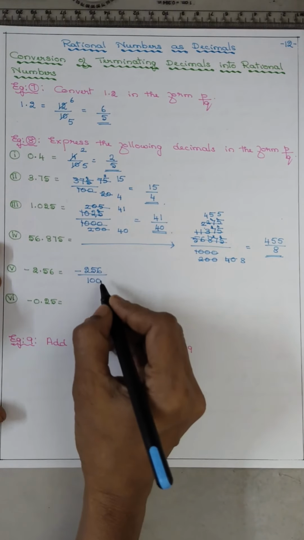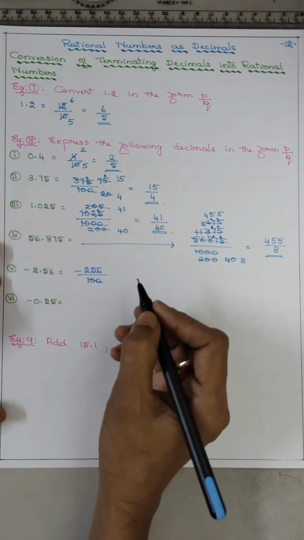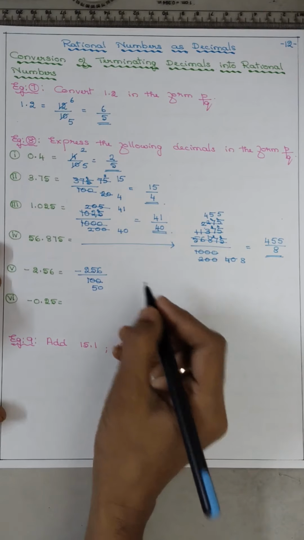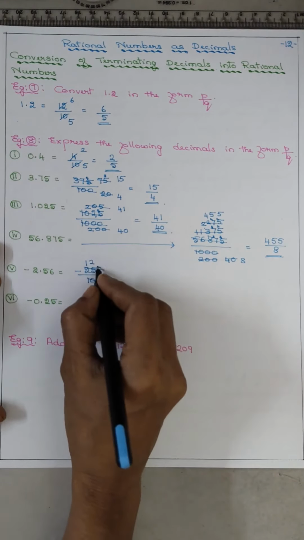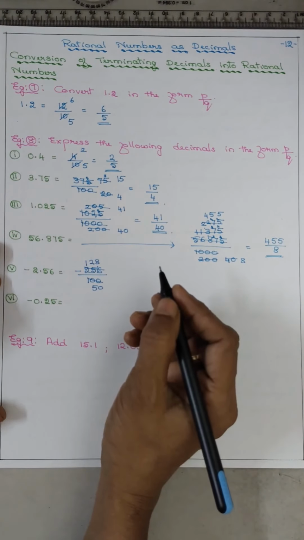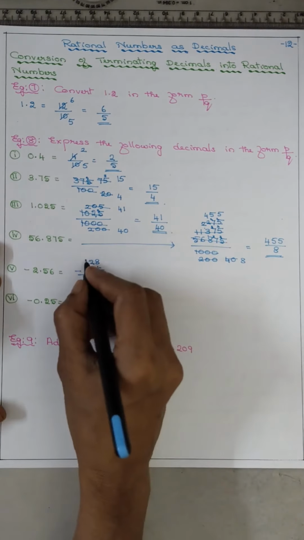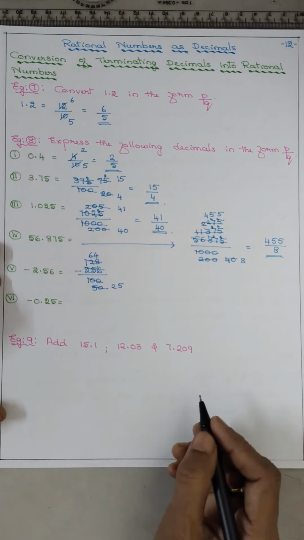Now coming to the next sum, minus 2.56. Minus 256 upon 2 decimals, so 100. Now this is 6 and 0, so 2. 2 5s are 10 and 0, 2 1s are 2, 2 2s are 4, 1 remains, 2 8s are 16. Now 2 25s are 50, 2 6s are 12 and 2 4s are 8.